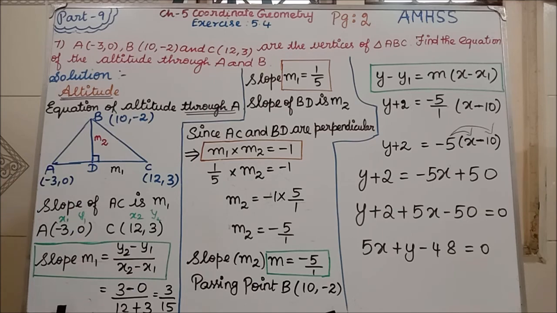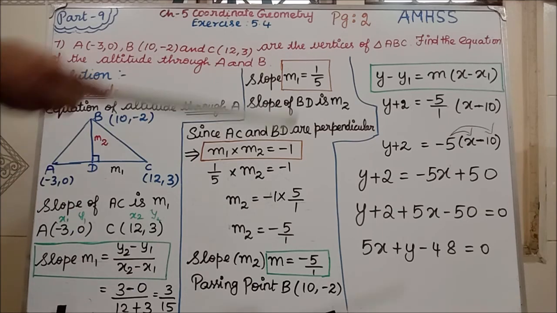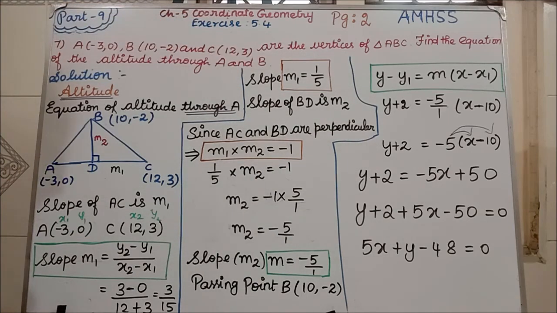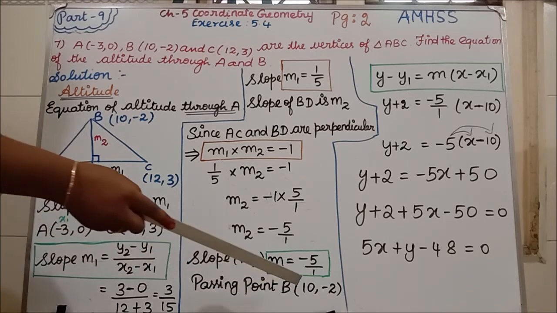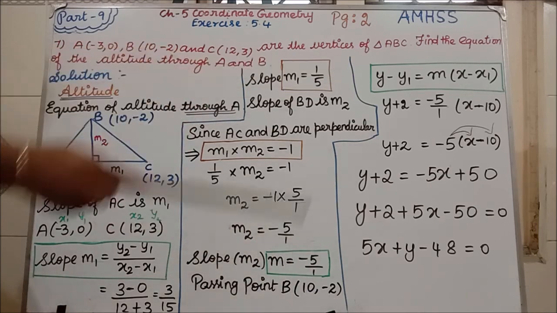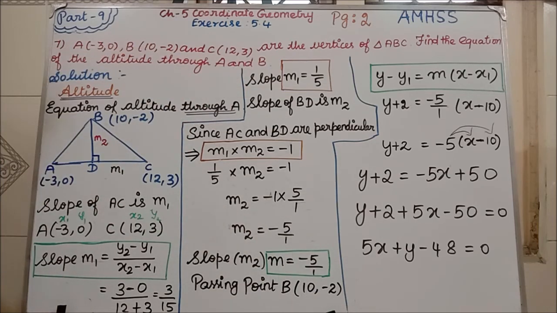See, one slope, one point. What is the one slope, one point formula? y minus y1 is equal to m into (x minus x1). y1 is what? Minus 2. Already there is a minus in the formula, so we are getting plus 2. m value is what?